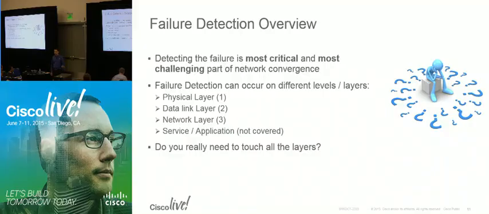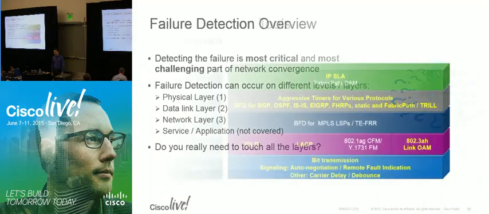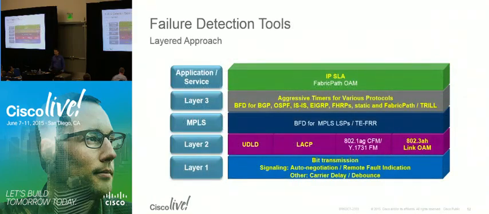Now, once we decide what we need to touch, then we have to look at the specific tools. The tools that you see here in each of the layers, the things in yellow, are the things that we'll be discussing. There are some additional things that I won't cover. But particularly on layer 1, remote fault indication and signal propagation. Layer 2, UDLD and LACP. Why is he talking about UDLD in 2015? My God, I thought I should know about this already. Well, think again.